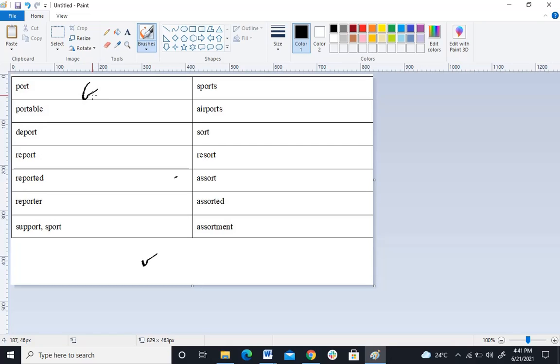Ayan. Pot. Next, portable. So, we have port and then able. Yung able na stroke is represented by yung B stroke lang. Kaya ganyan yung ating portable. Able yung B. Okay? Next, deport. So, we have D and then we have yung port.